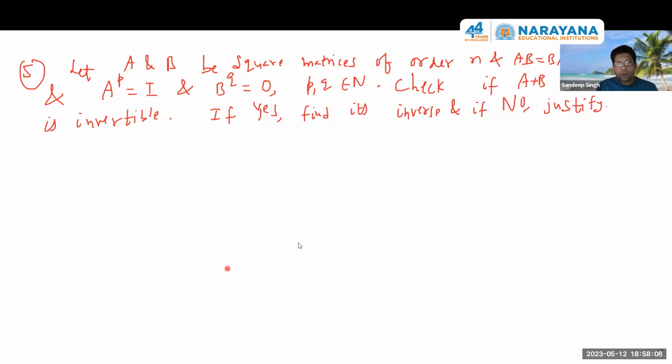Yes, tell me, how did you obtain I? Just I put some values, sir. Values for what? Just like A equal to I, B equal to 0.